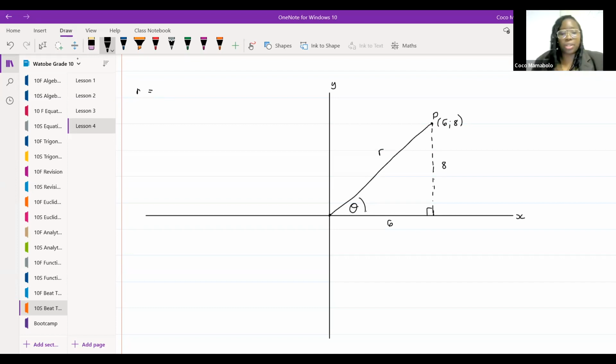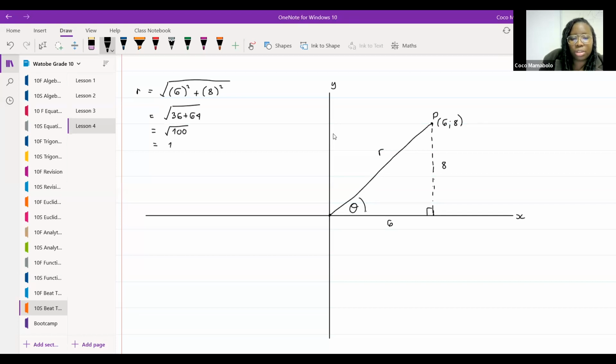Excellent stuff, guys. Awesome. All right. So we know that our R is going to equal 10. We can just do that. The square root of 6 squared plus 8 squared, which is equal to the square root of 36 plus 64. That is equal to the square root of 100, and that is equal to 10. Good.